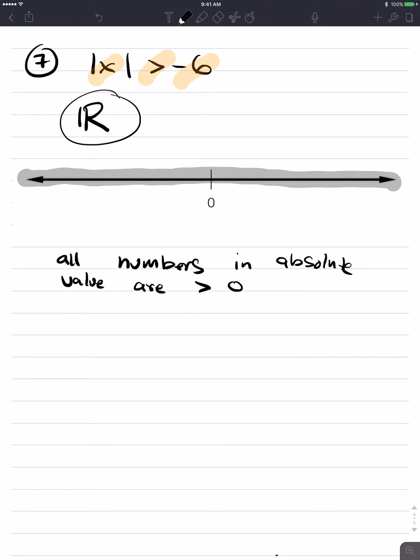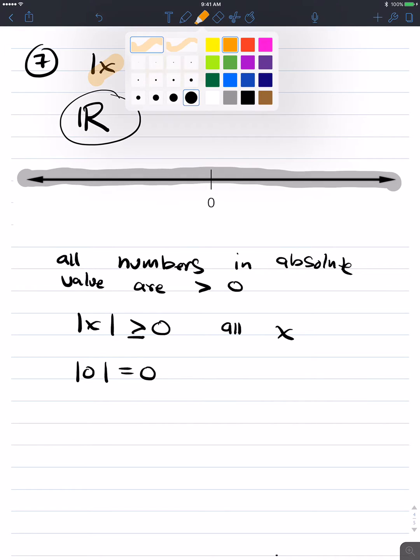with one exception. What that means is the absolute value of x is positive for most of the values, but it's greater than or equal to 0 for all x. The one exception is 0. The absolute value of 0 is 0. This is why we say the absolute value of x is greater than or equal to 0 for all x.